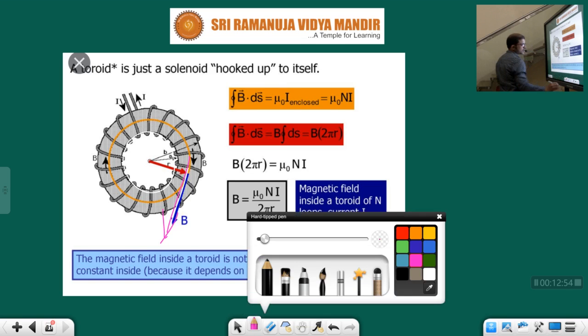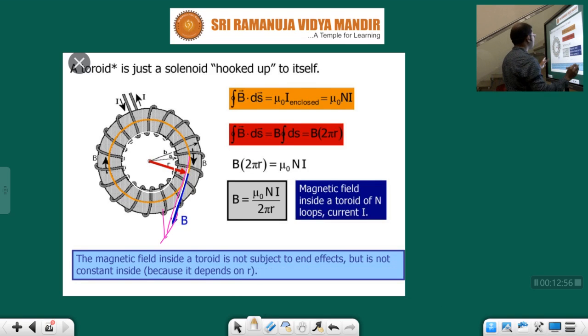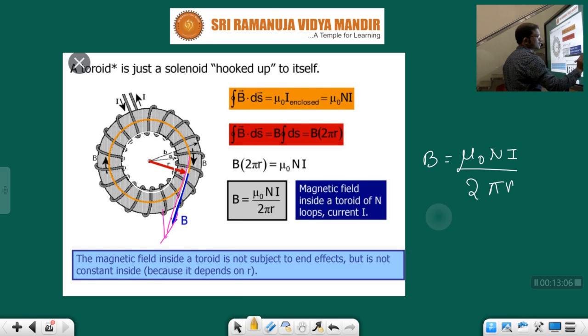So what is the magnetic field? How much will that magnetic field be, children? B is equal to mu naught N I by 2 pi r. This is the formula, children, which we need to remember. Using Ampere's circuital law we can derive this, which includes integration and differentiation, so I am giving it directly.